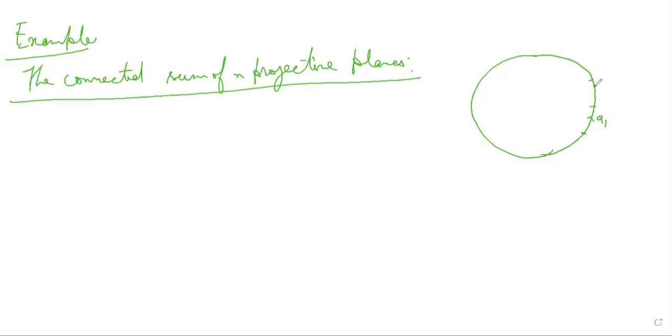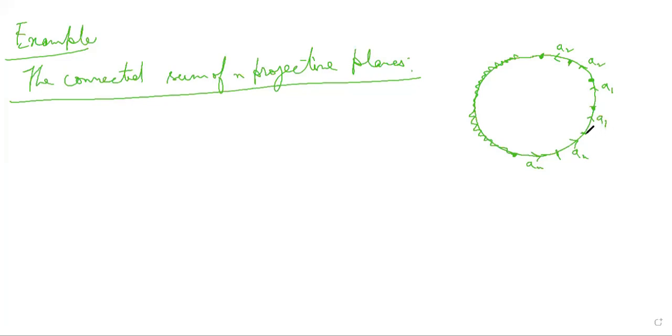E1, E1, E2, E2, and so on. We will continue like this, and in the end, En, En, right?